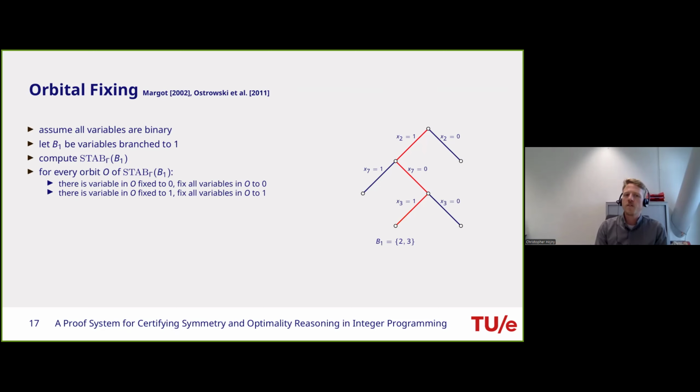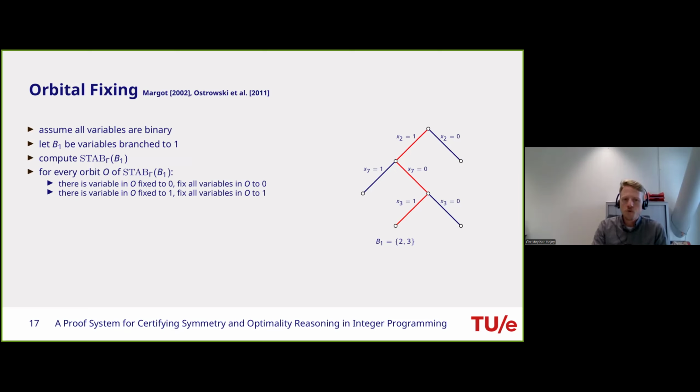Then the orbital fixing rule says: if there exists a variable that is fixed to 0, maybe not necessarily due to branching, then I compute, with respect to this stabilizer subgroup, the orbit of this variable, and I can fix every variable inside this orbit to 0, and similarly for variables that are fixed to 1.